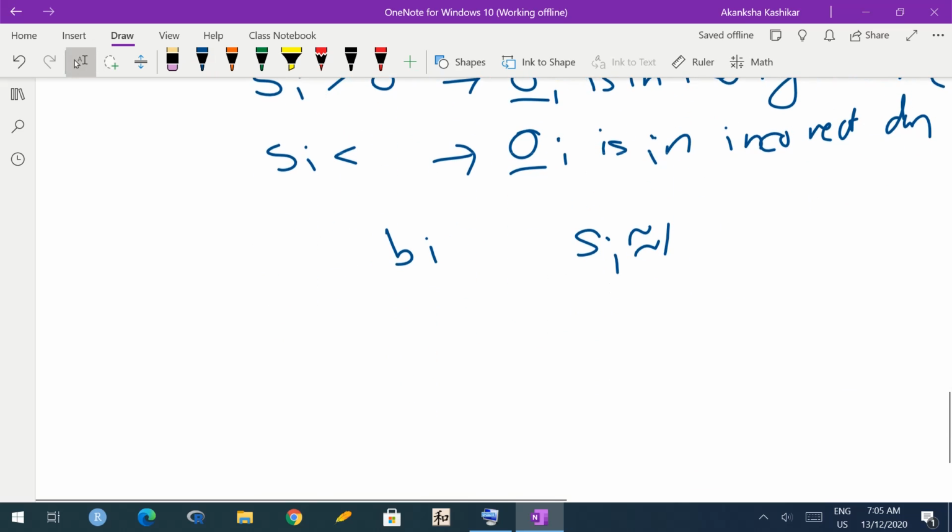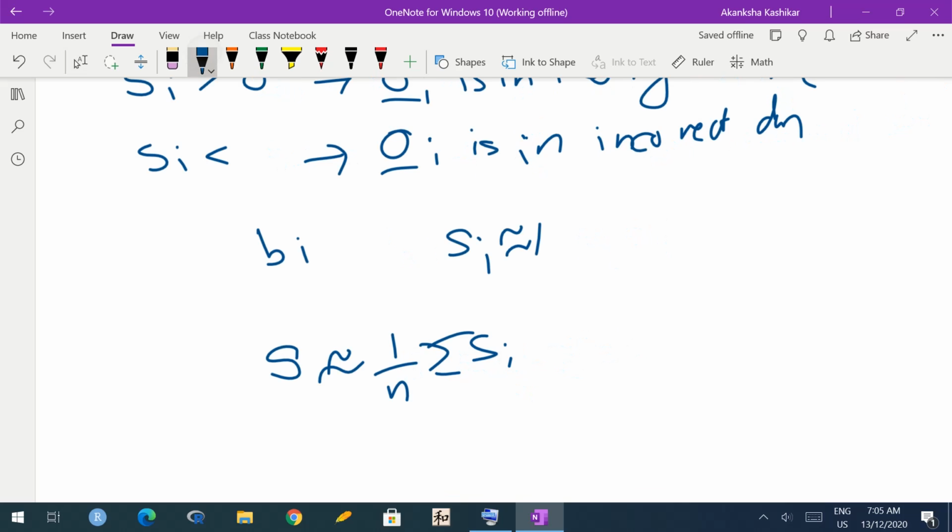Ideally, we finally define the silhouette statistic for each cluster and for the entire data also. The average over all silhouette indices gives me the final silhouette statistic. So S is defined as 1 upon n times the sum over Si. If most of the values are near 1, then the average would also be near 1, and we would consider that clustering as good.